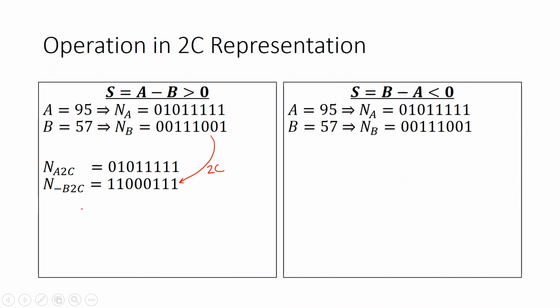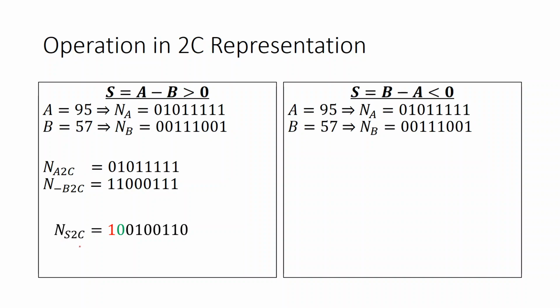Now we do the addition. If you do the addition of these two numbers, what effectively you are doing is the a minus b operation. So the sum or the result is also in 2's complement representation.